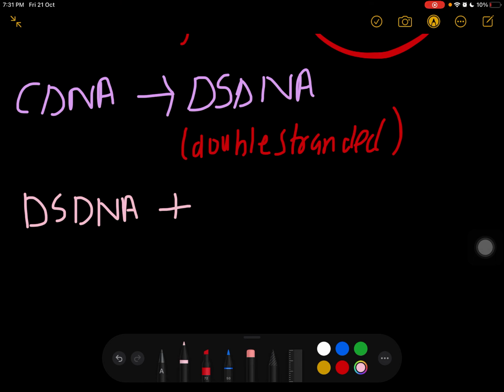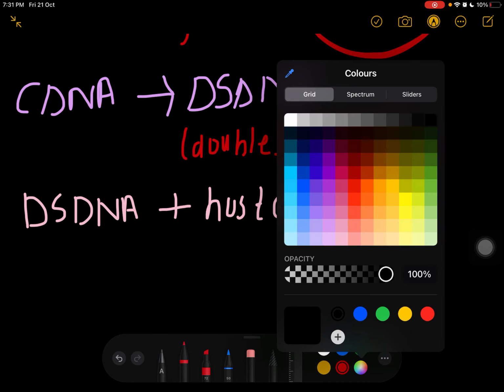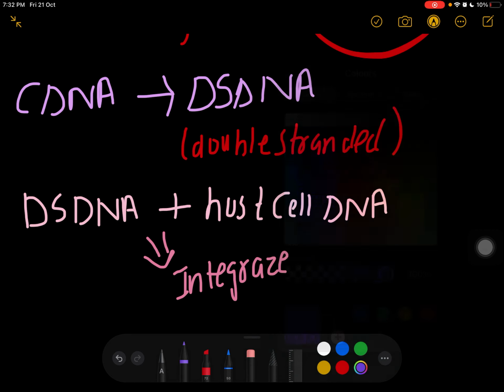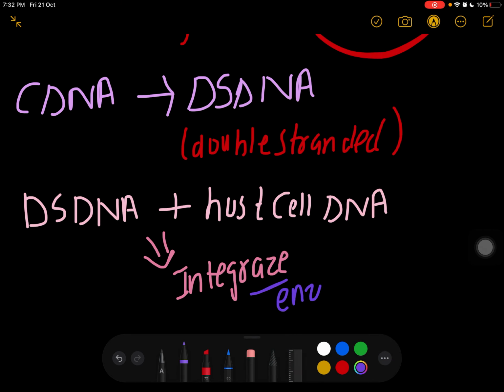will get integrated. It will join the genome of the host cell, the host cell DNA, by the help of the enzyme known as integrase. And this is HIV's own enzyme.